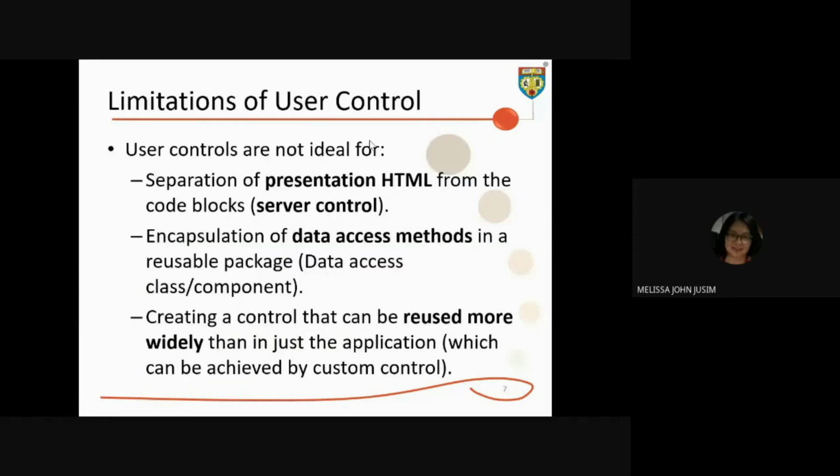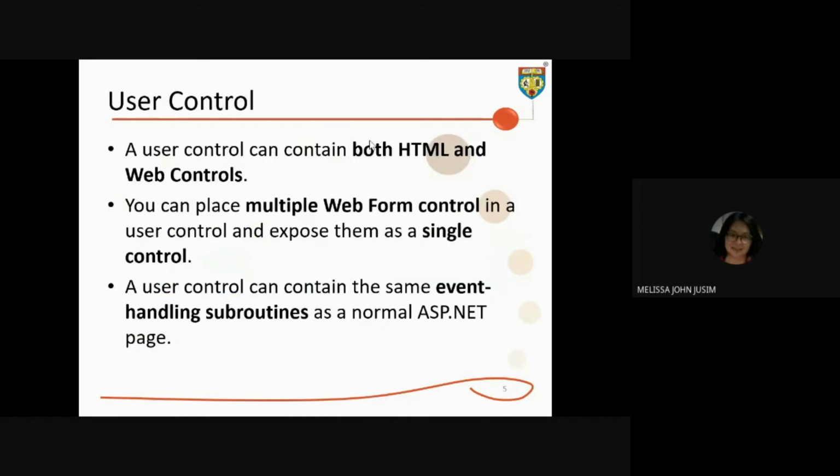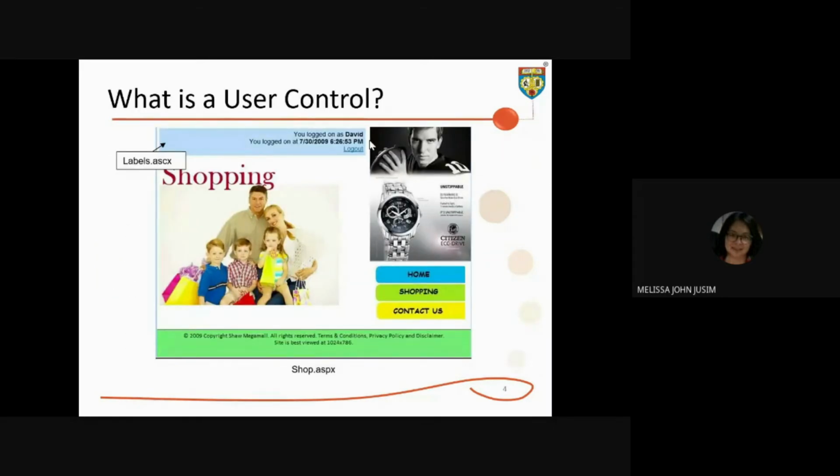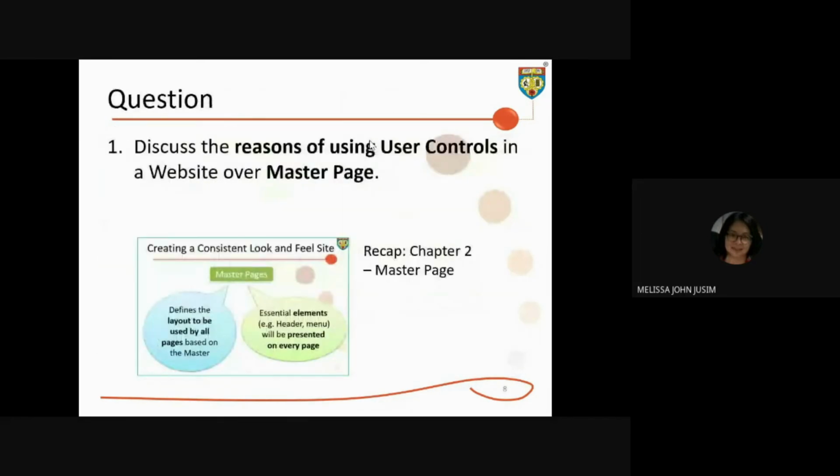Now, if you recall, the first advantage of user control is almost similar: we can also reuse the same content, the headers, footers, menus, and so on. So let's take a look at this picture one more time. We can reuse this label user control, right? Then do we need user control? We can use master page. So this is where I want you all to read more and then give me your answer on the reasons for using user controls.